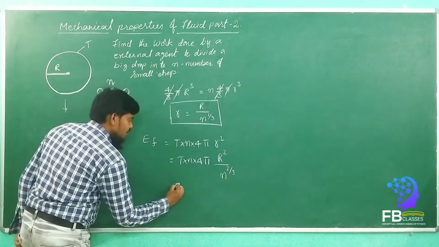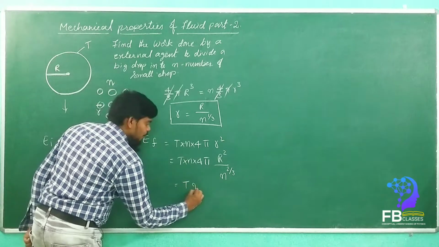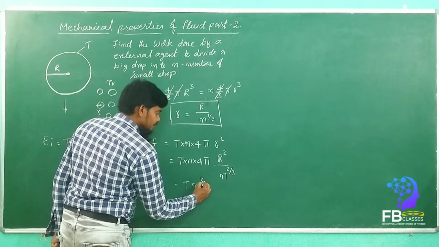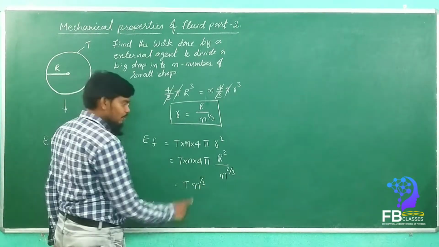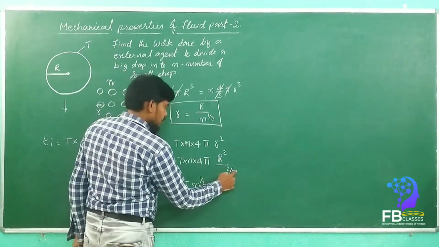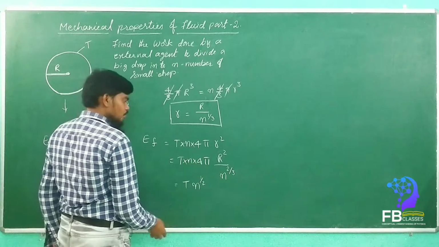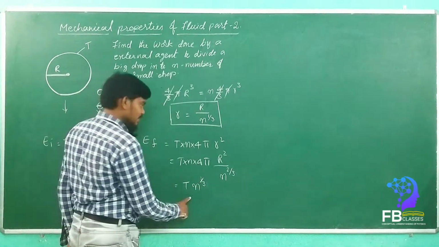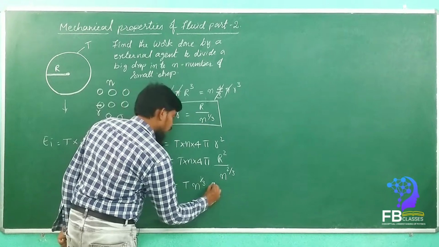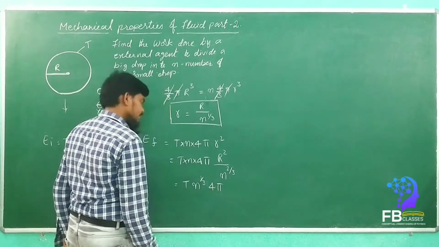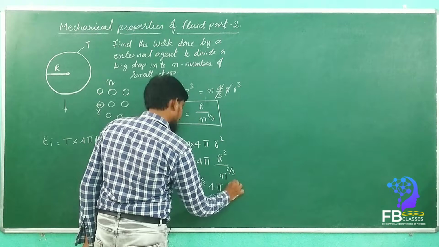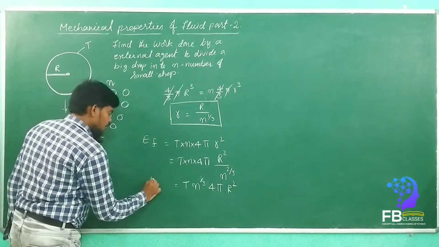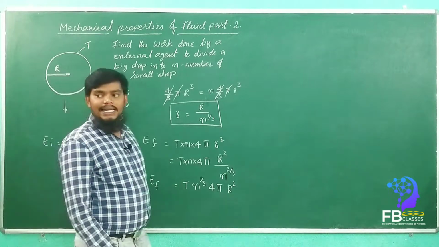So we get T into n power 1 by 3 into 4 pi R square. This is the final energy.